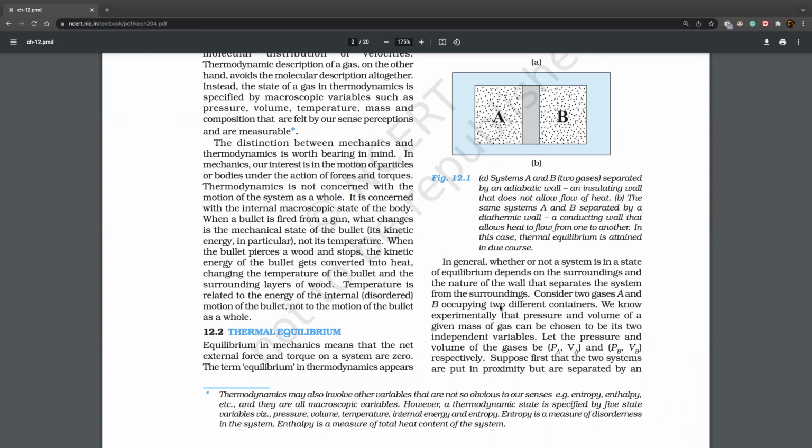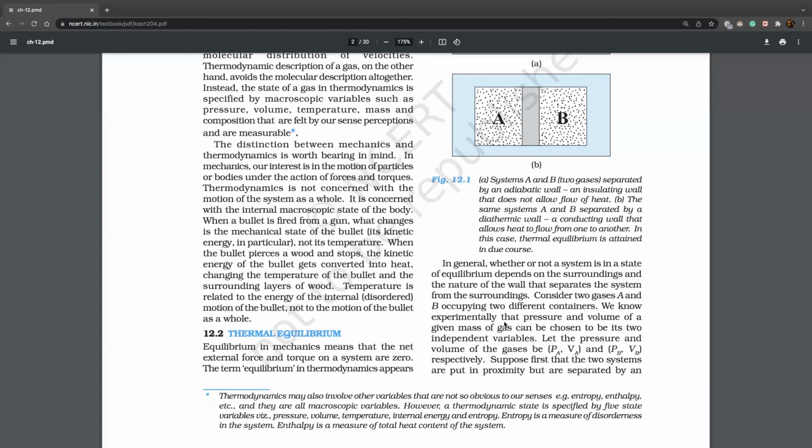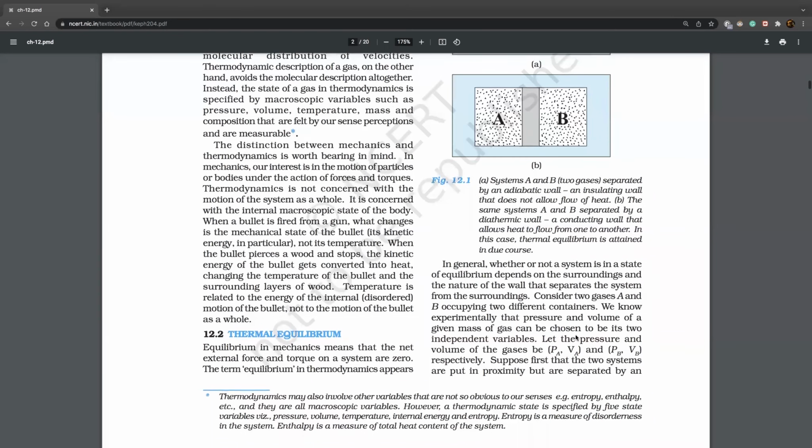So as we know, in general, whether or not a system is in a state of equilibrium depends on the surroundings and the nature of the wall that separates systems from the surroundings. Consider two gases A and B occupying two different containers. We know experimentally that pressure and volume of a given mass of gas can be chosen to be its two independent variables.